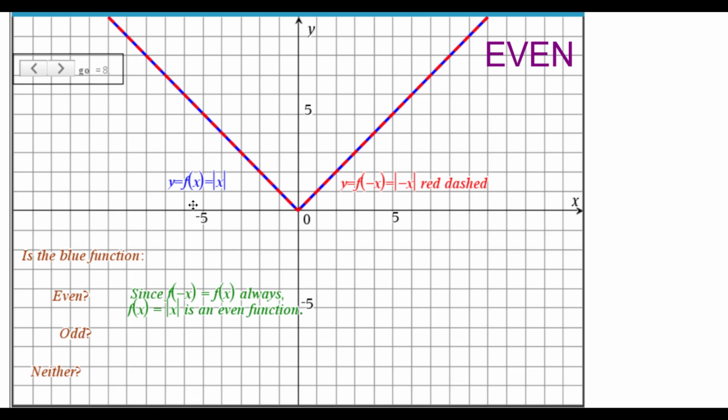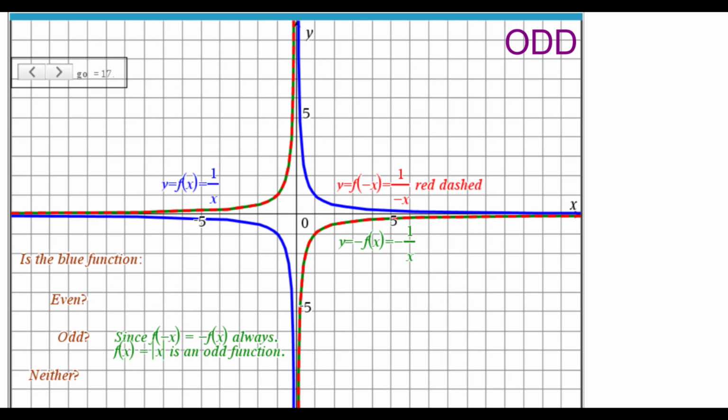So let's summarize what we just saw in TI-Nspire. Here was the first one, y equals the absolute value of x. You can see that f of x and f of the opposite of x were exactly the same, so this is an even function. Press pause at any time as needed. Y equals 1 over x, reciprocal function.